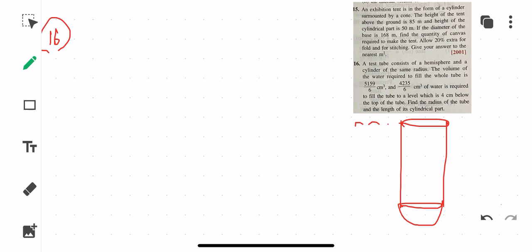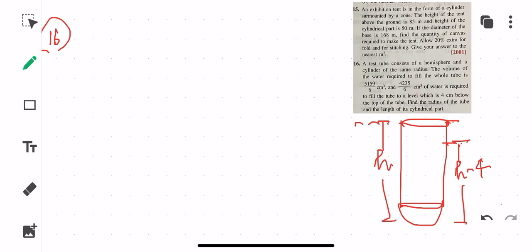Okay, 4 centimeter means, children, suppose I take the total height as h, then this particular part, up to this height, will be equal to h minus 4. So both the volumes have been given.